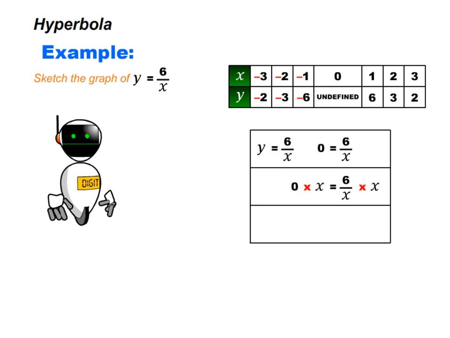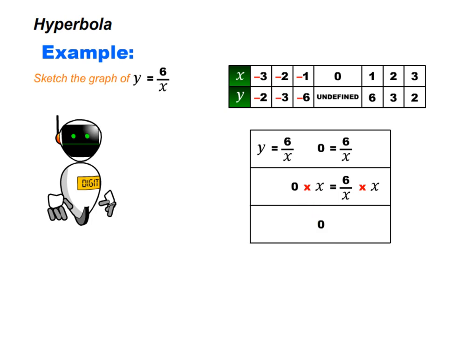Remember, what you do to the left-hand side, you must also do to the right-hand side. Look at the left-hand side. 0 multiplied by x, it's equal to 0. So we have 0 on the left-hand side.